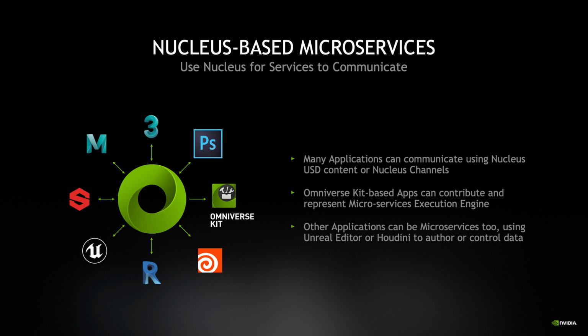And the Nucleus sync engine is able to communicate with all of the different connectors, the changes happening to the 3D worlds. And so you're able to do microservices behavior between Unreal, Maya, maybe Photoshop, including any Omniverse Kit apps that you might have. That's very much one way to do distributed compute, leveraging the Nucleus server as a collaboration engine.